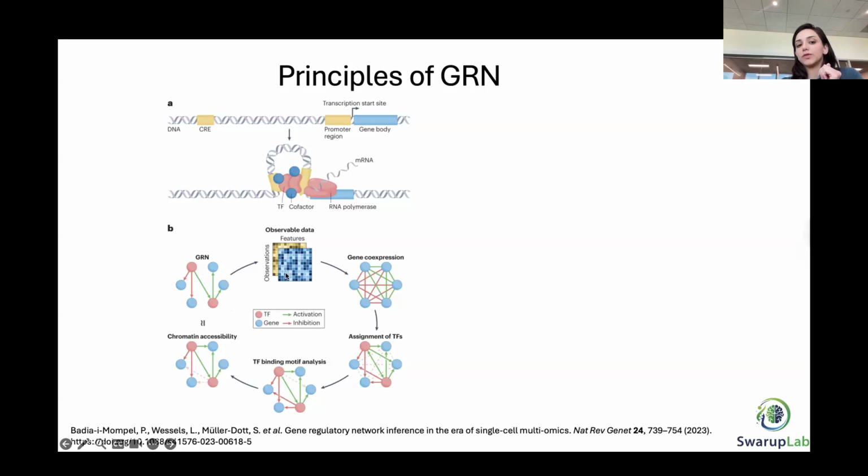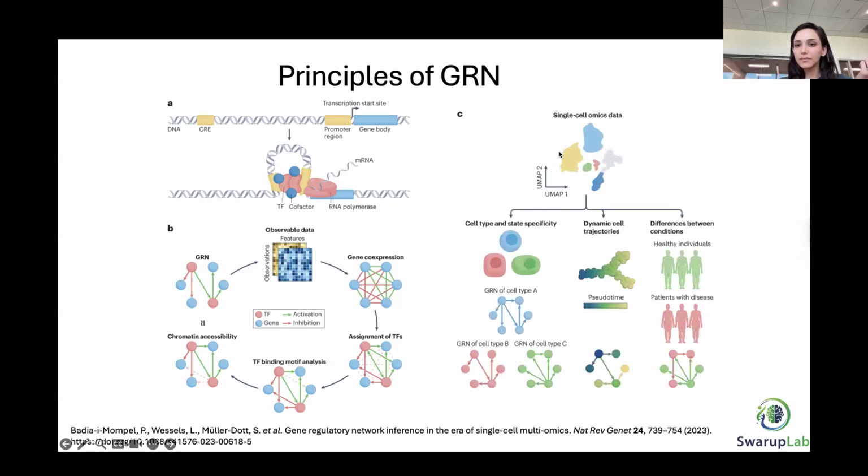Many of the times that we use gene expression data, we have the matrix, and then based on only the expression values, we can find correlations or associations and determine how those genes are interacting together, maybe being upregulated or downregulated. Where you see the chromatin accessibility in that diagram is where we normally, well, nowadays we have it more because of the technology, but many of the times we just have the gene expression data.